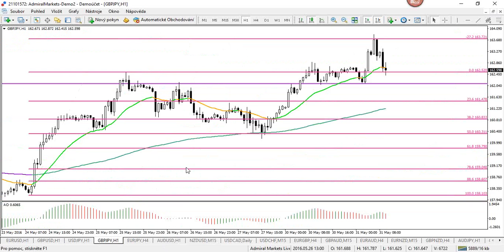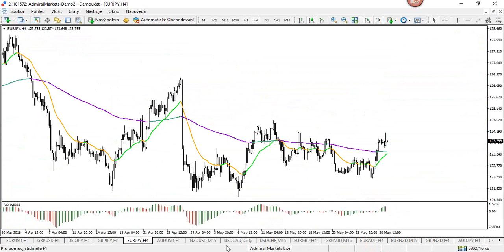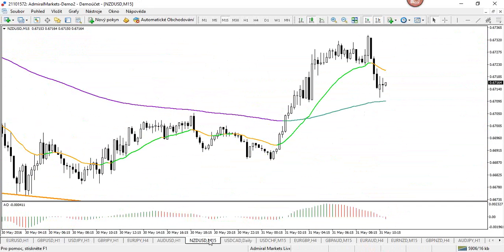All right, so all in all, at this moment, I think there is a bit of a reversal atmosphere hanging in the air because of the pound and the Aussie, both are actually reversing. So that makes things a tad more risky, I would say.